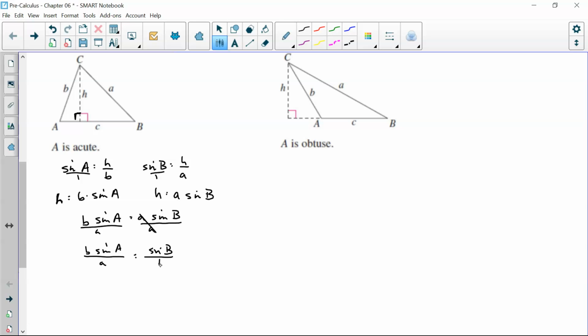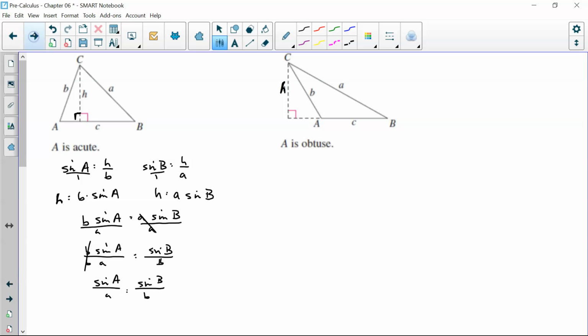And then we could divide both sides by B, and we get the sine of angle A over A equals the sine of angle B over B. And there is the law of sines. That would also work for an obtuse triangle. It's the same exact thing. It looks the same, except the height is outside. And that's just showing you where that law of sines comes from.